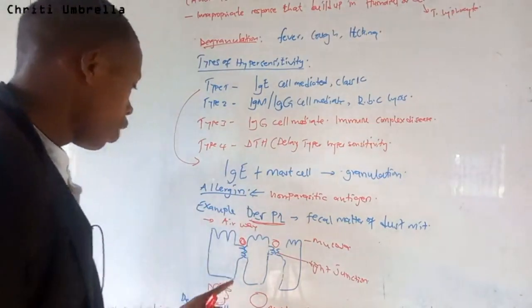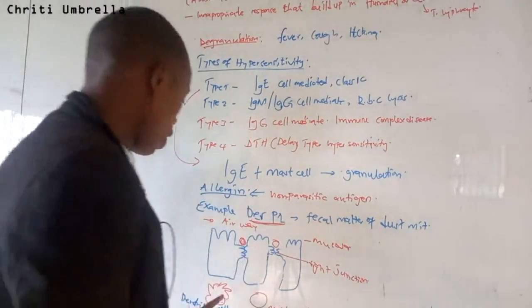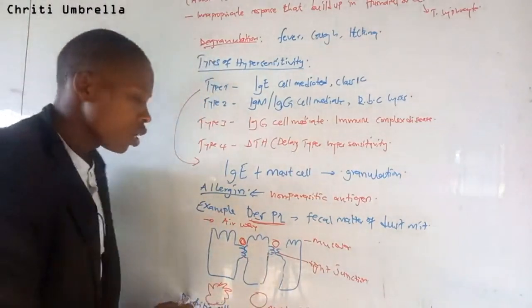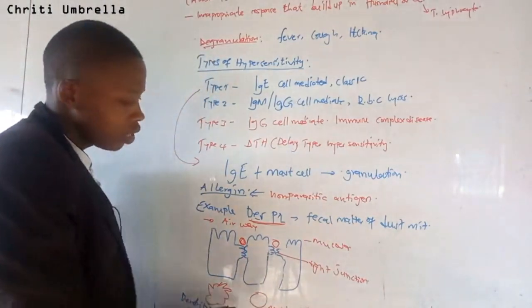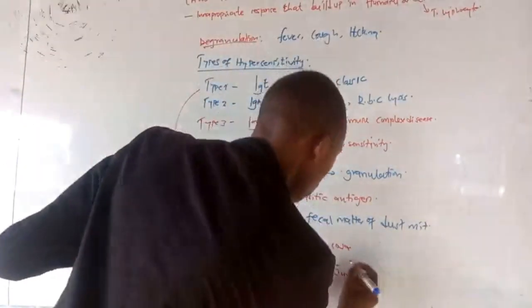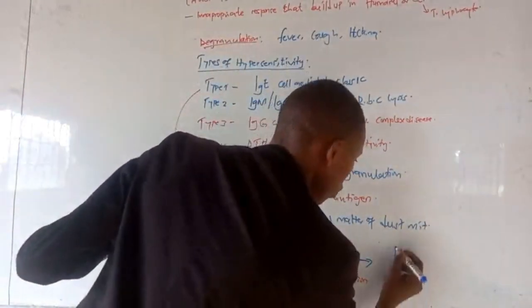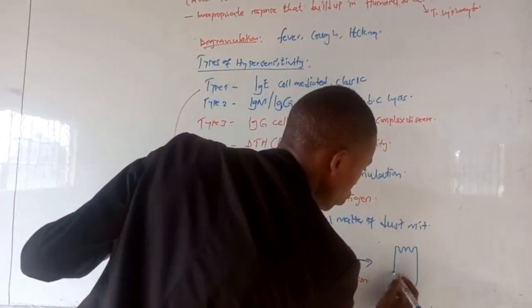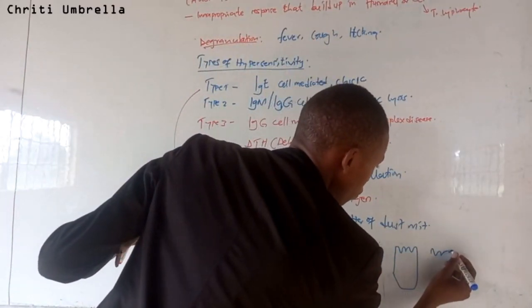So this antigen will enter inside here, disorganize here, and combine with these dendritic cells to present this antigen to the mast cell, hence causing the degranulation, as you are seeing here. So it will form a route here.